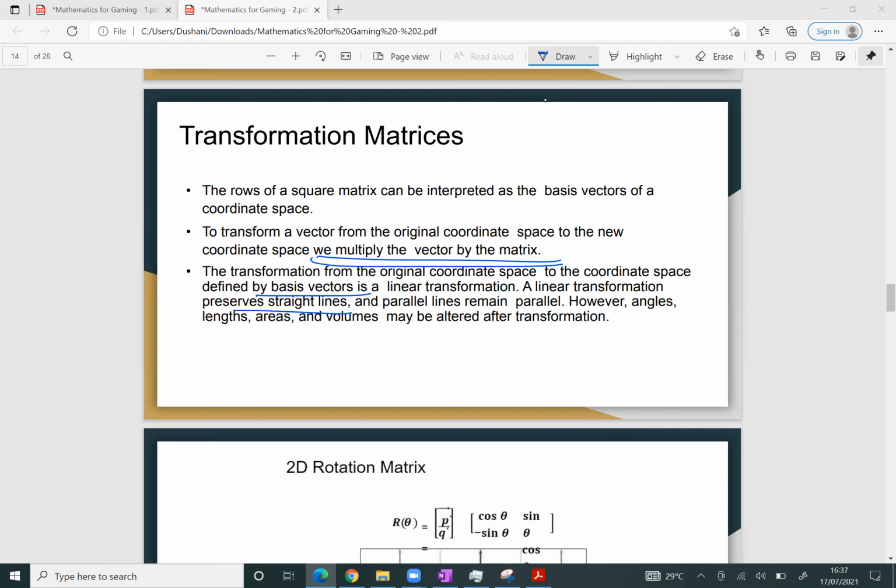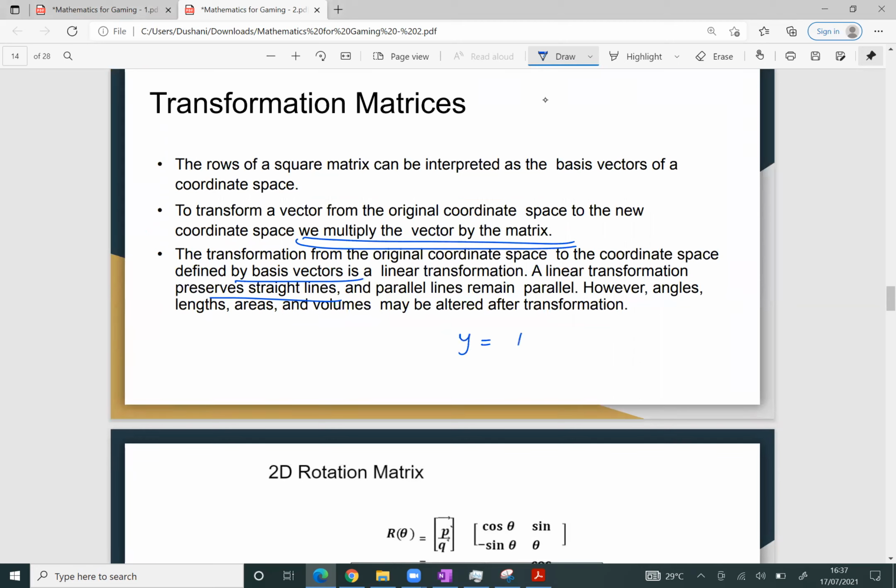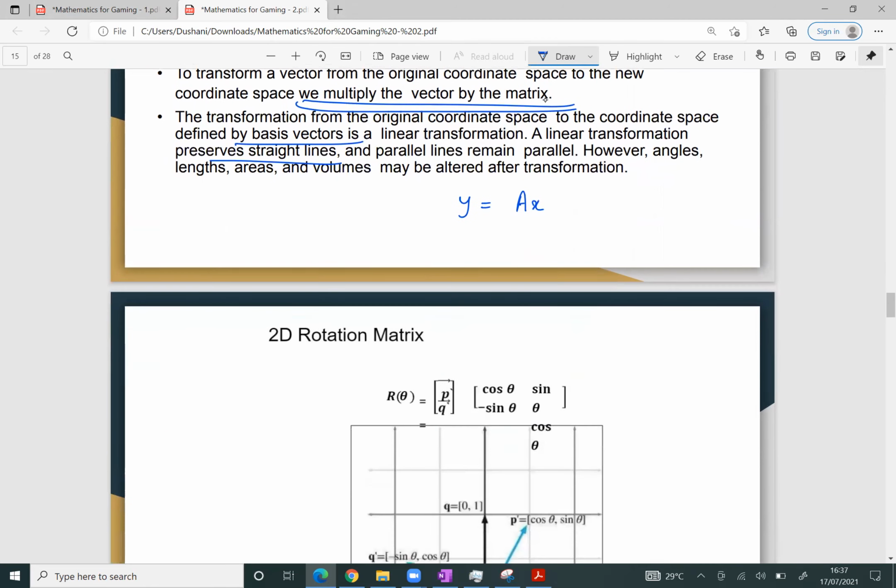When we look at linear transformations, this is the type that we can represent as a matrix operation, basically saying y equals Ax, where A could be an m by n matrix, x is an element of, and also y and x both.